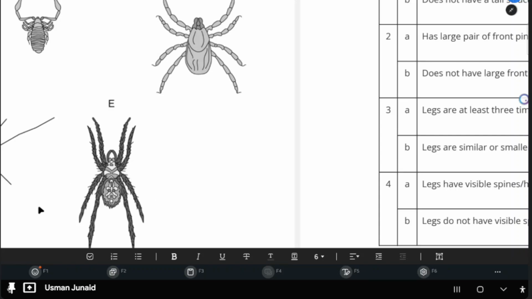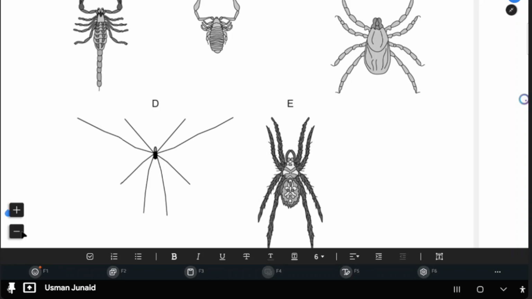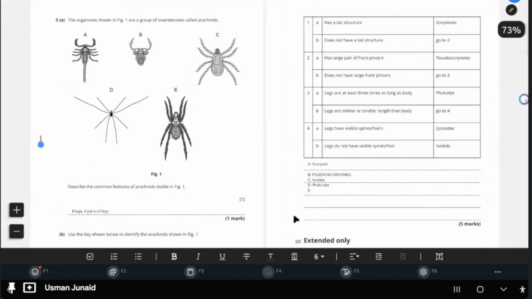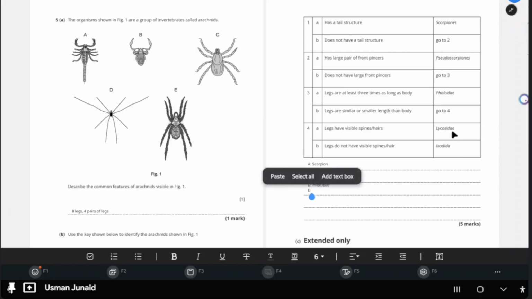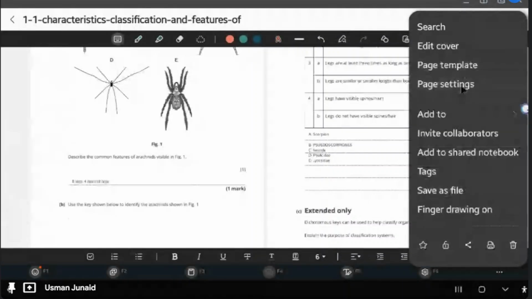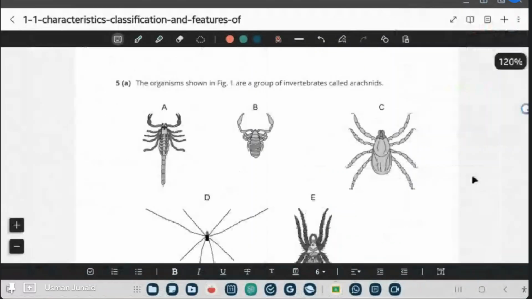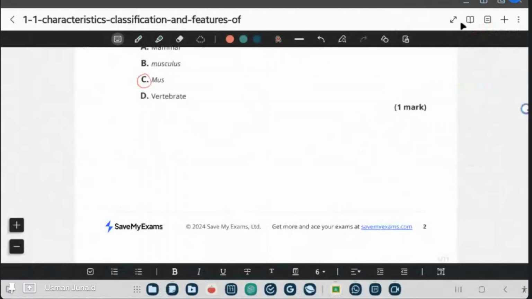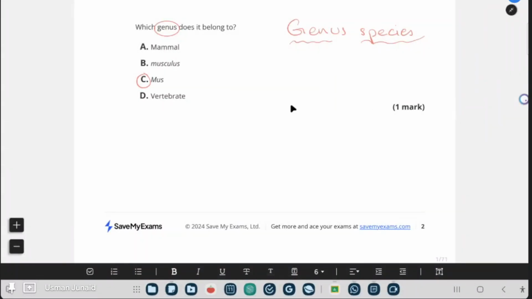Yes. So which one is it now? Araneae. Yep. Okay. Now moving forward.